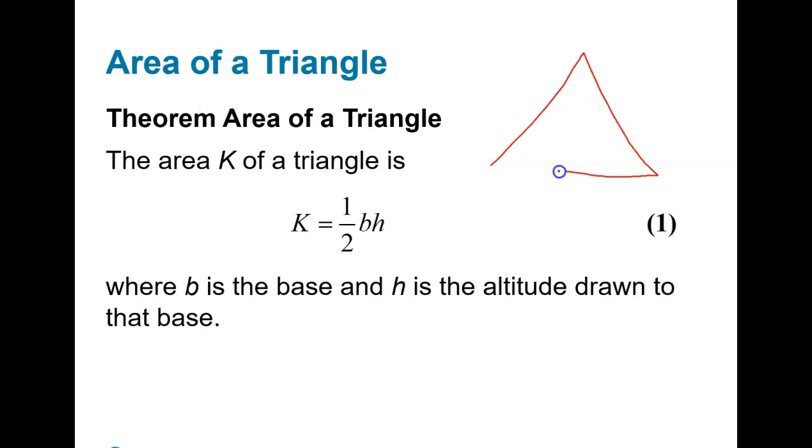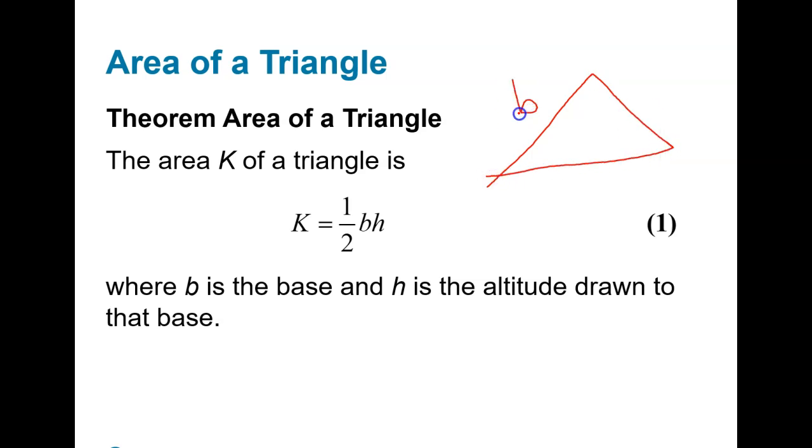Recall the area of a triangle can be found using 1/2 base times height, where the base is down here and the height is perpendicular to that. And it doesn't have to be at the bottom. I could have something like this, and this be the base, and if it's a right triangle, this would be the perpendicular height.